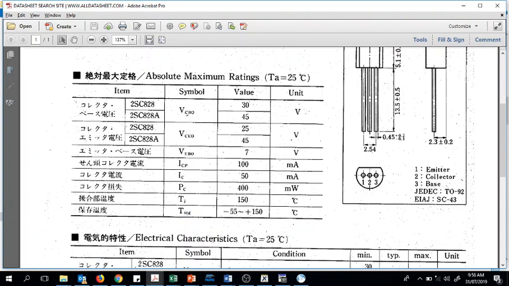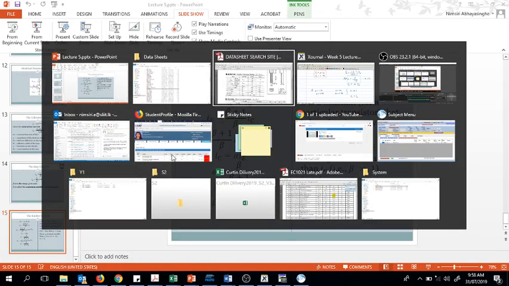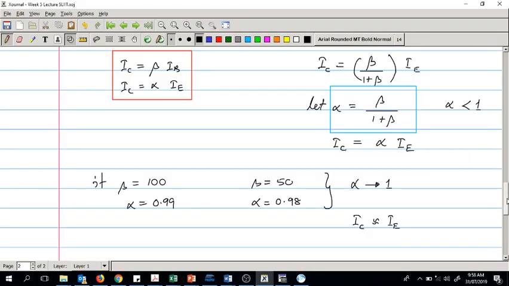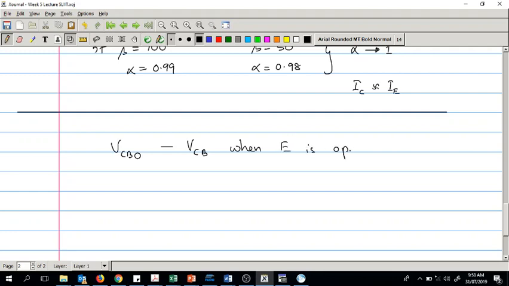The collector base voltage, VCBO, is VCB when the third terminal, the one not mentioned, that is the emitter, is open.